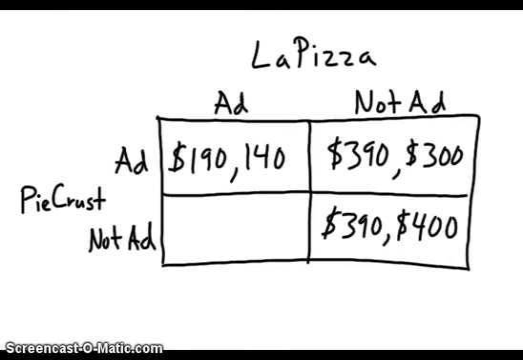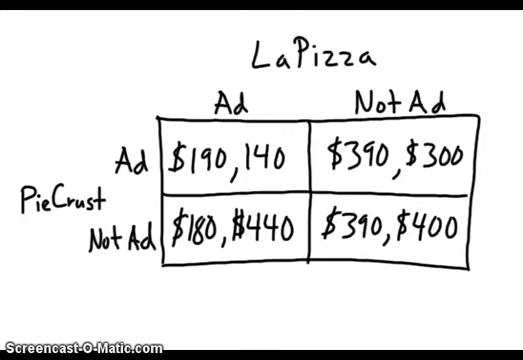They are not advertising, so that stays the same. Pie Crust is not advertising, so their payoff would stay as 180 here in the bottom left, but we have to subtract 60 from La Pizza's payoff in that cell, and since it was $500 minus the 60, that would leave them with a payoff of 440.